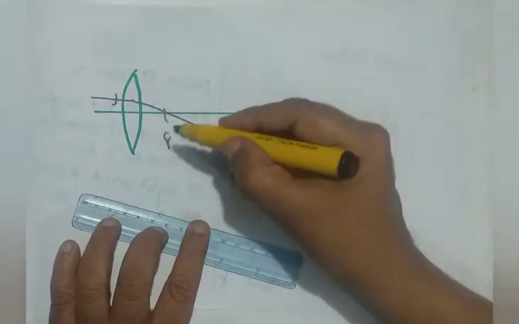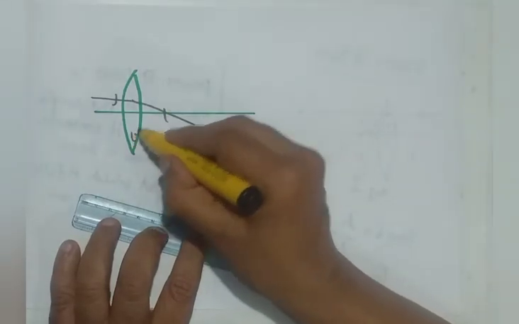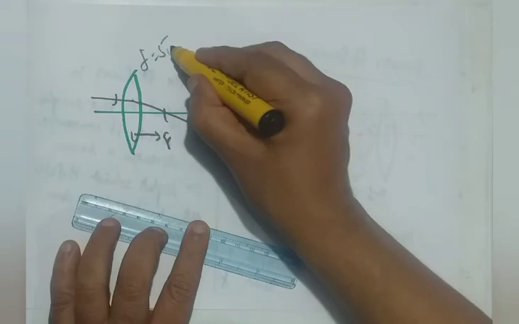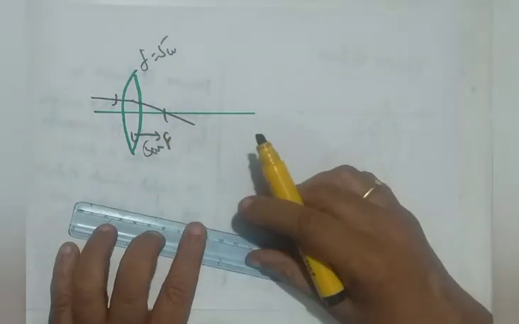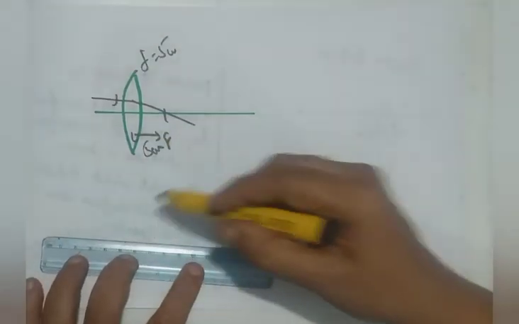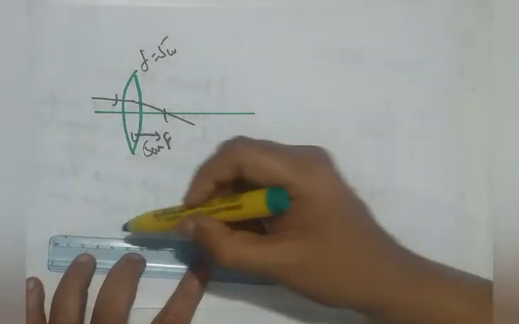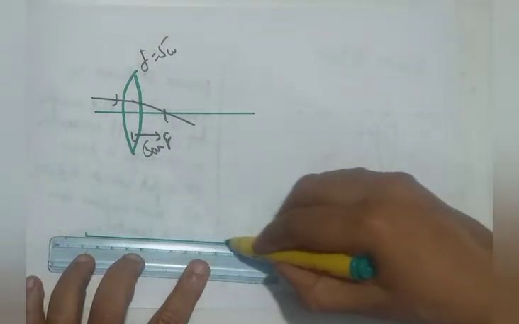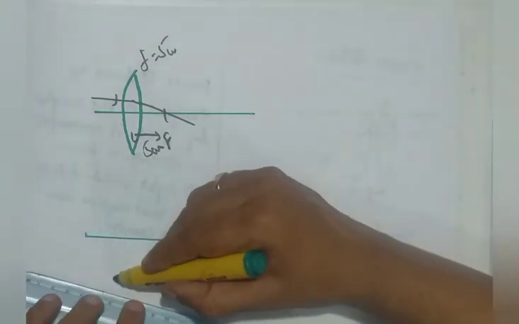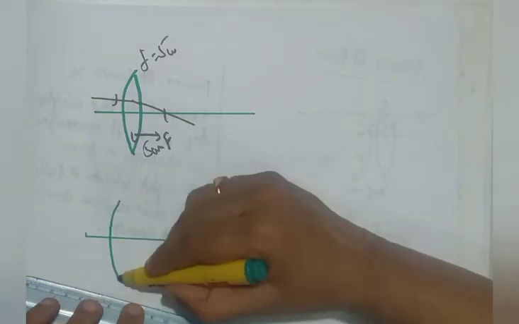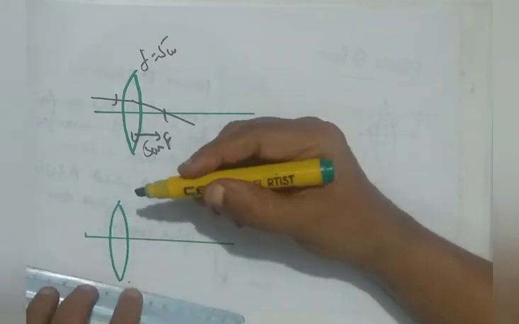This is the focus, and we say its focal length is 5 centimeter. Now I draw another figure where the lens has more focal length, around 15 centimeter.